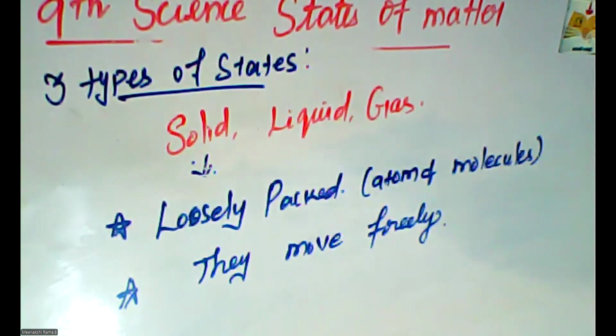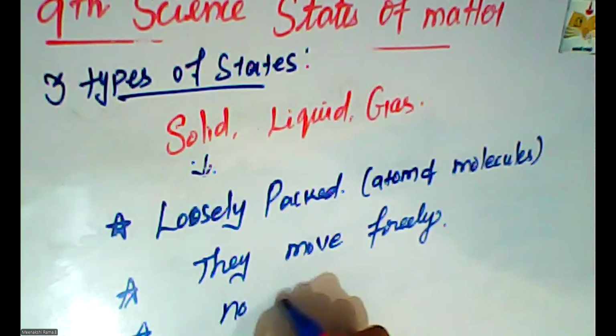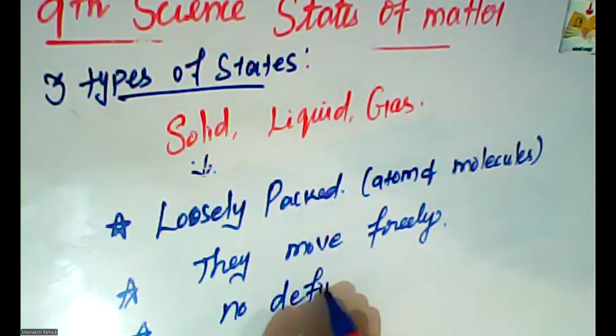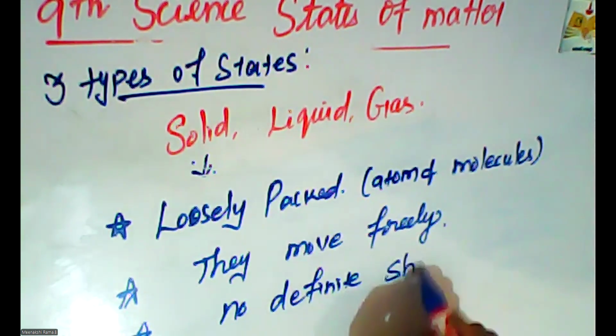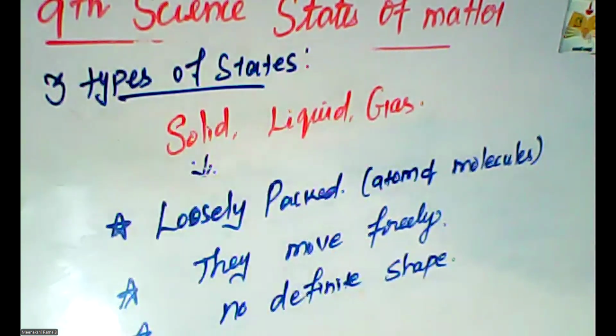They don't have a definite shape. Solid materials have definite shapes, but liquid materials have no definite shape. They don't have a fixed shape, but they have a fixed volume. The volume is fixed.